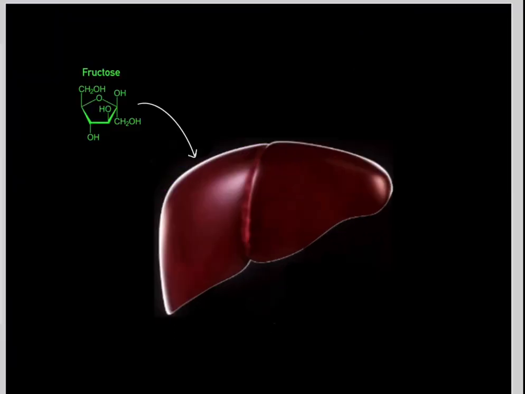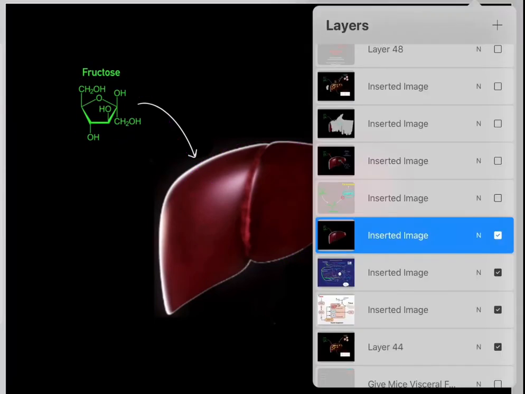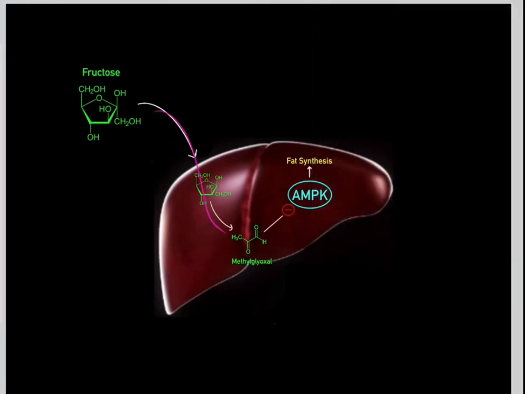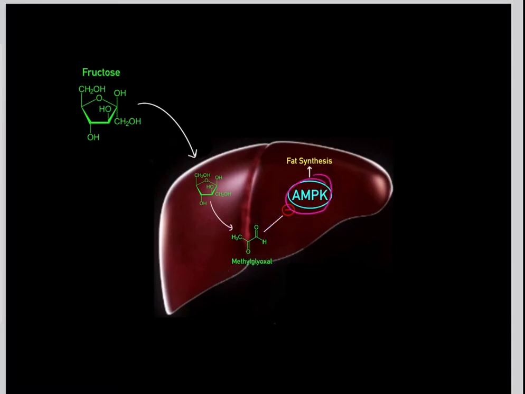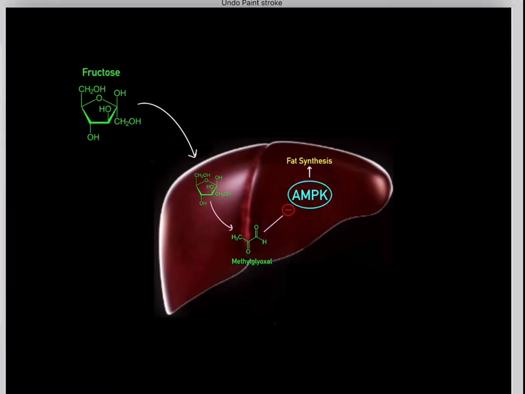However, there's another important mechanism that fructose uses to stimulate hepatic lipogenesis. So when fructose gets metabolized by the liver, it forms this toxic methylglyoxal. So why is this methylglyoxal so toxic? Well, it inhibits AMPK, which then leads to the formation of fat and stimulates fat synthesis.